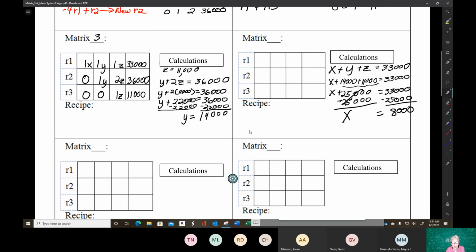Now, is it going to be true that X plus Y equals 2Z?